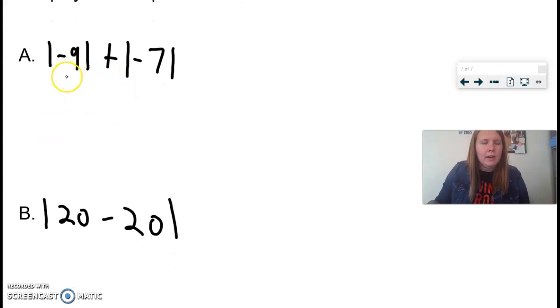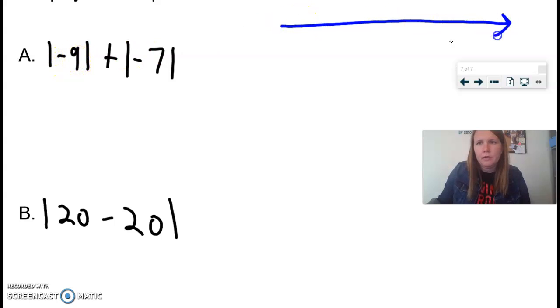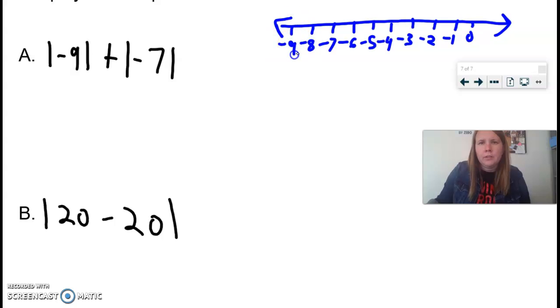If we are going to take the absolute value of negative 9, let's think of a number line. I'm going to draw out a number line: 0, negative 1. We're going to use negatives because my problem has a negative. I have a negative 9, the absolute value of negative 9.